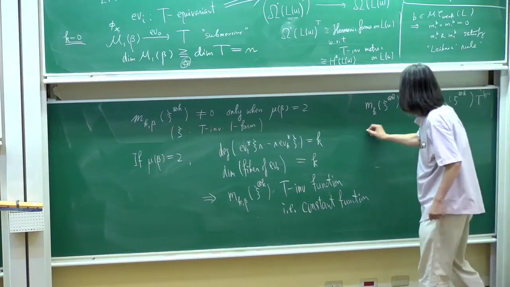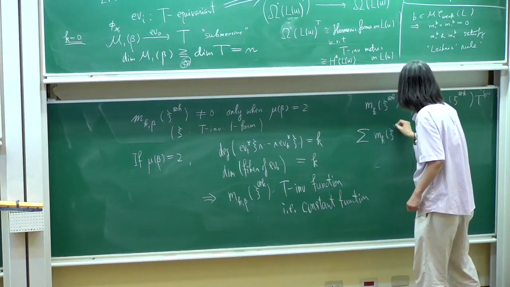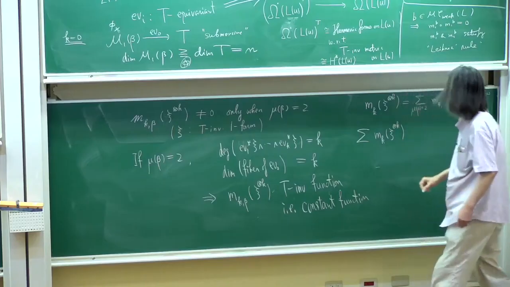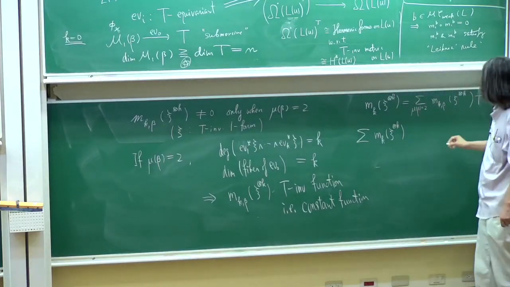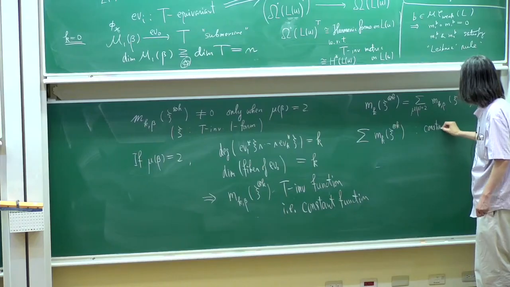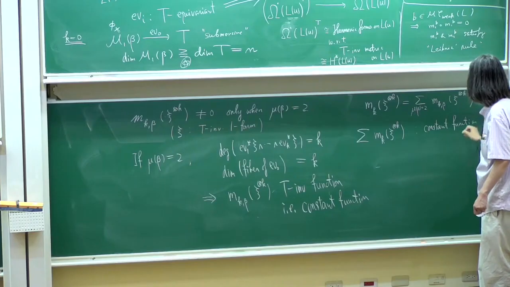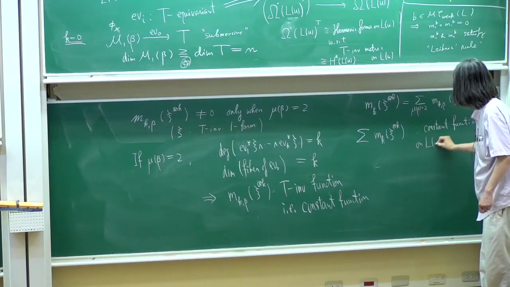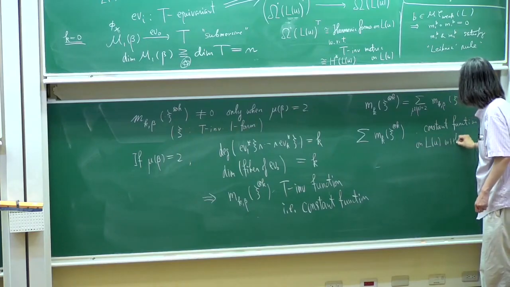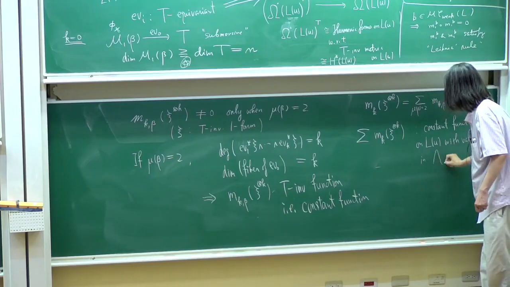So therefore, if you add them up, this is also a constant function on LU with values in this lambda 0.